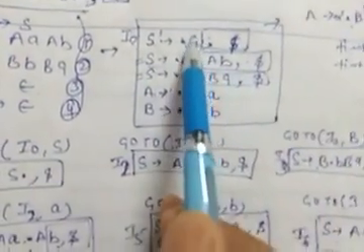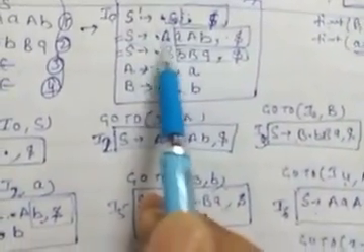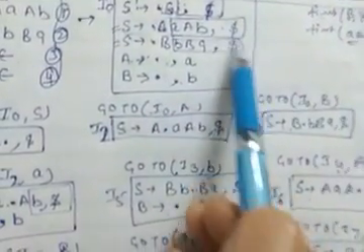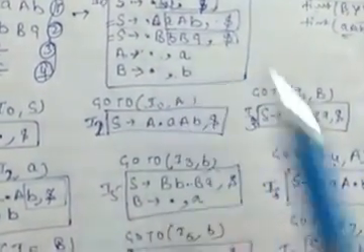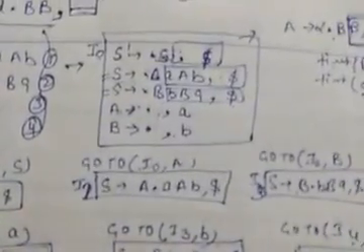So in CLR parsing we are already checking the next element, that is, what comes after A, S, what comes after A. So in some way we can say that this is the follow of that particular production. So there is no need of calculating the follow. We will just put the reduction entry to the second element.